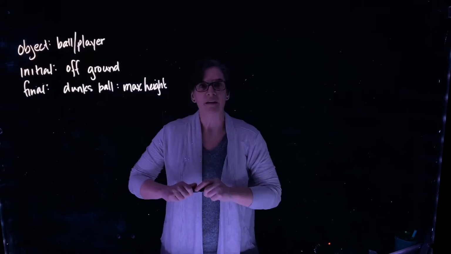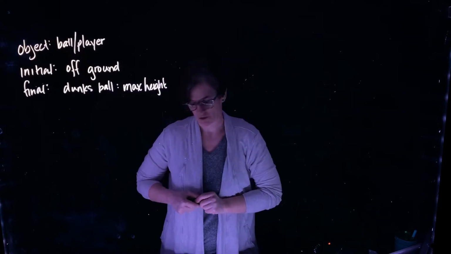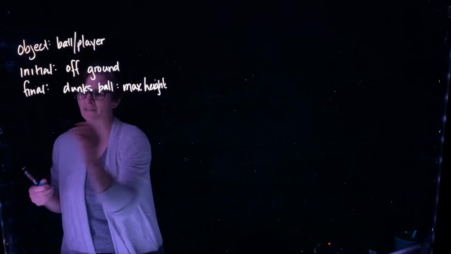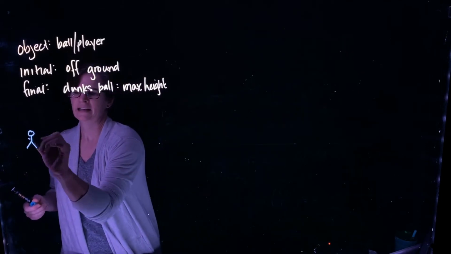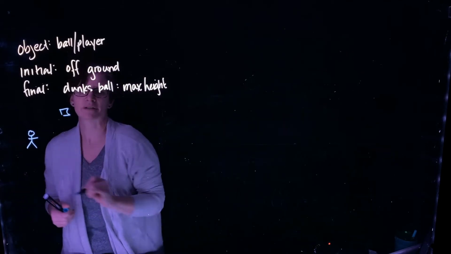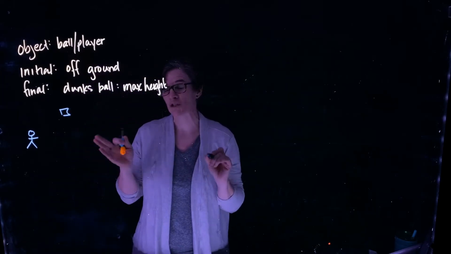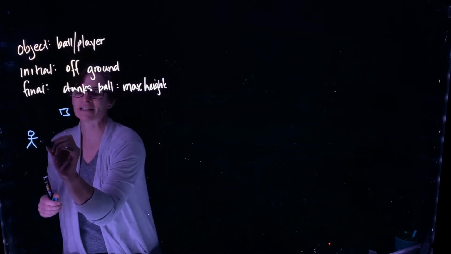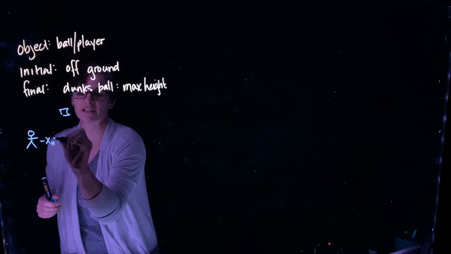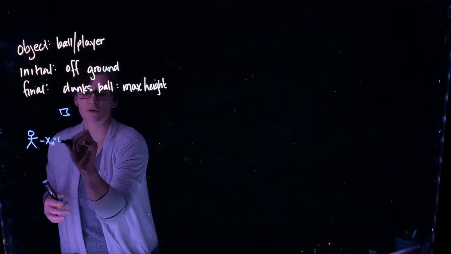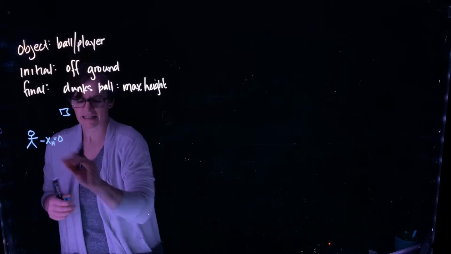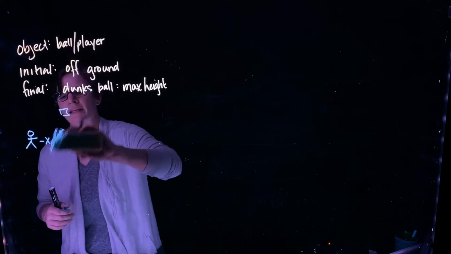Okay, so let's draw a picture. Here we have our player, and there's our basket. We don't exactly know where the basket is. We do know that the player starts at a horizontal position. We'll define that as the origin, where he's located. And, well, it might make more sense to put the horizontal on the bottom.